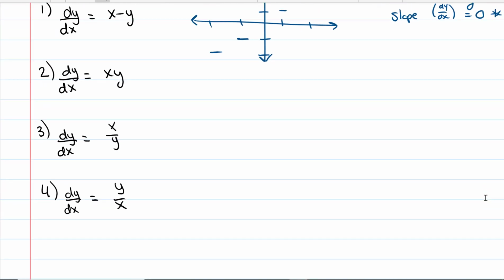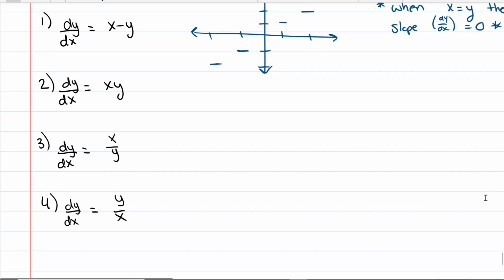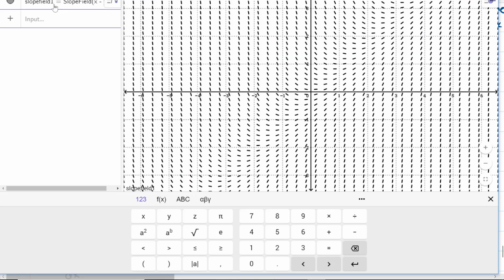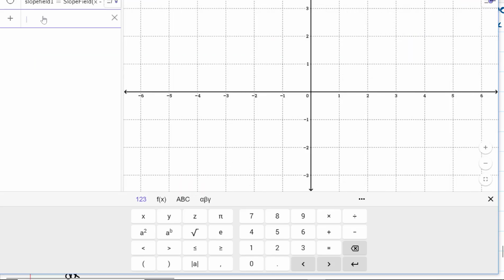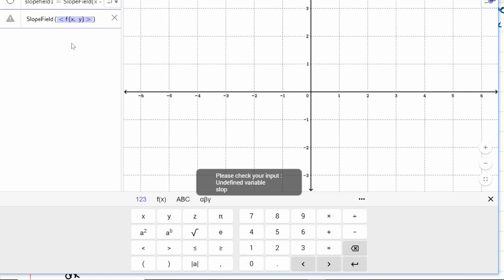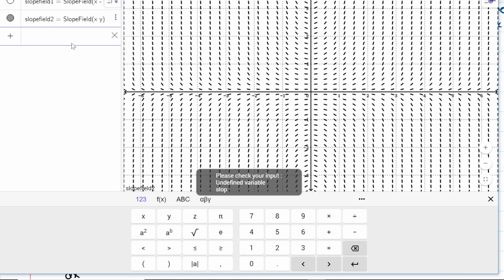Number 2, when x times y. So in this example, for part 2, we want to look at when x times y equals the slope. So if I want to find a slope field of xy, it's going to look something like this.